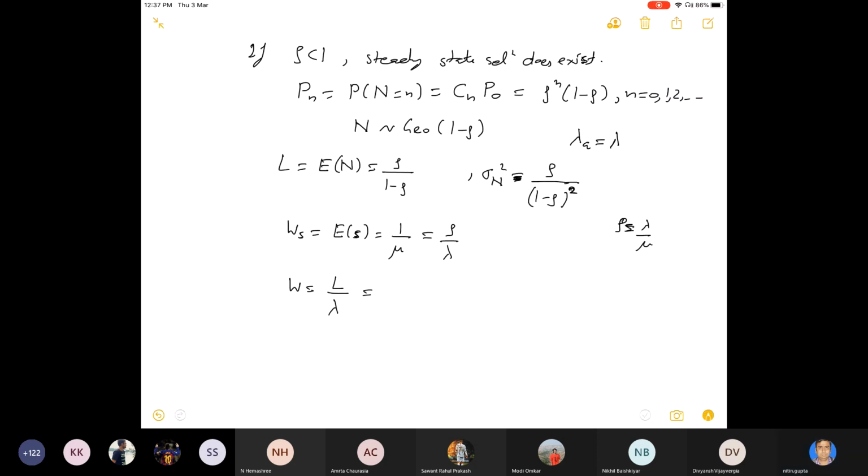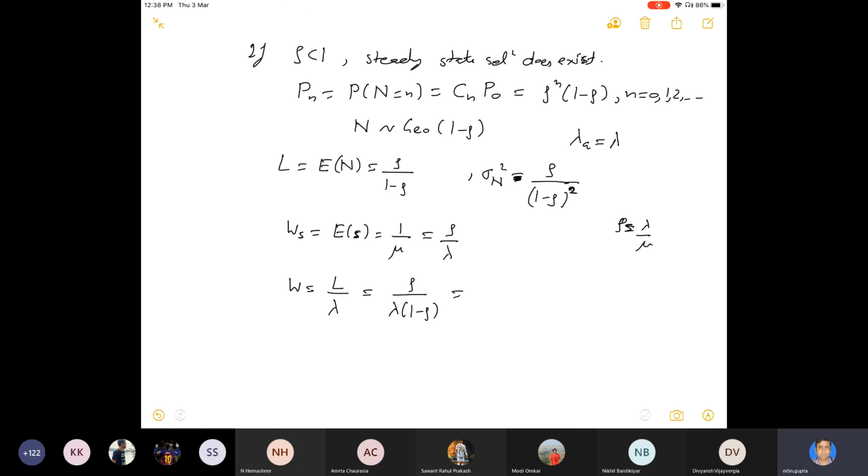So this is L by lambda, which is rho upon lambda times 1 minus rho.